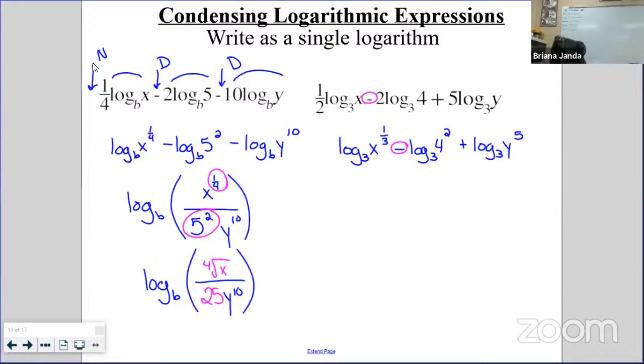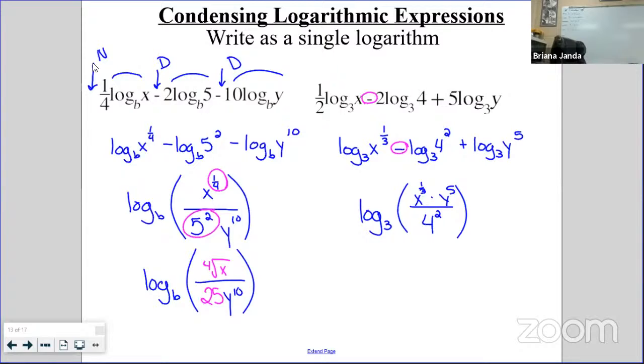And so as I then go ahead and put those all into one log base 3, again, I'm going to have a fraction because we have some positives, some negatives. The x to the 1/3 goes numerator because it was a positive term. The 4 squared goes denominator because it was a negative term, but now the y to the 5th is a plus again, so that's going to go back to my numerator with a multiply between them.